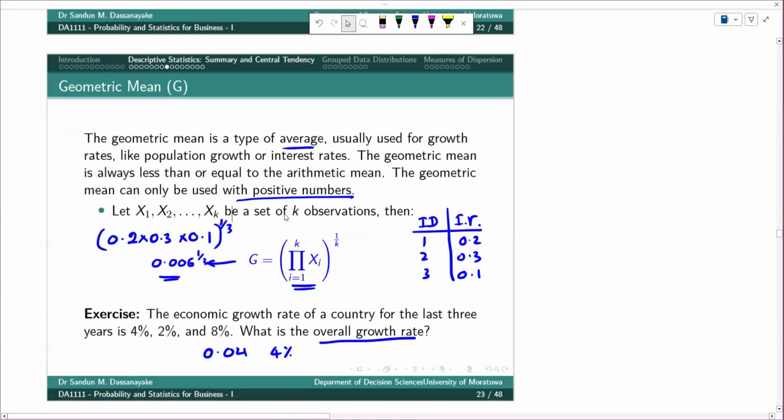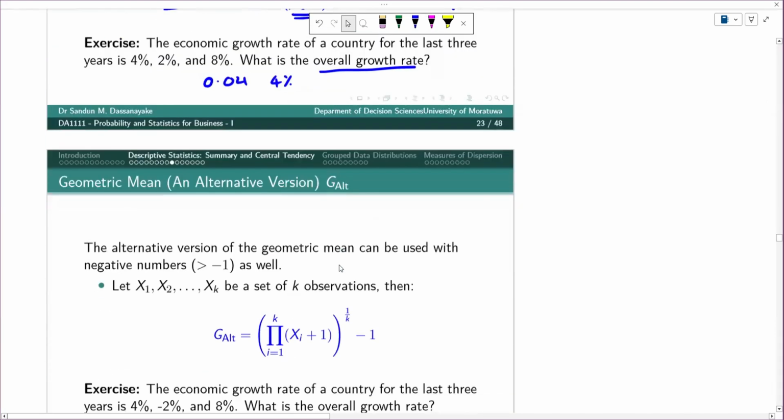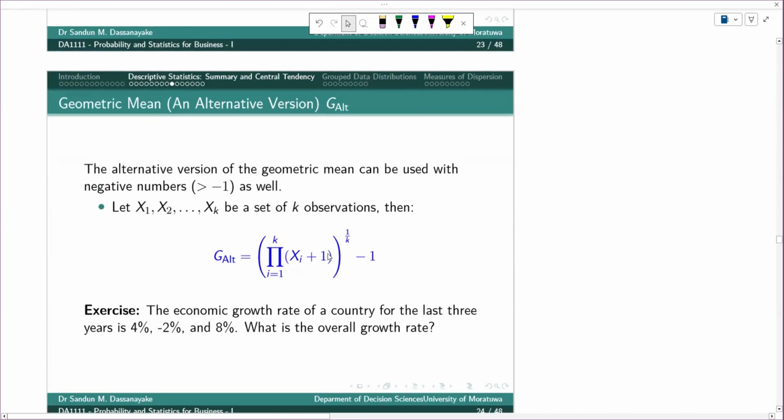For negative values, you don't use the first equation, you use this one. So if you have negative 2%, the equation becomes xi plus 1, minus 1. You multiply the thing with the plus 1 sign. This is the alternative version used with negative numbers. I hope that's clear.